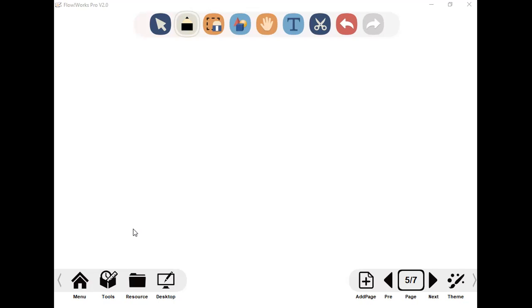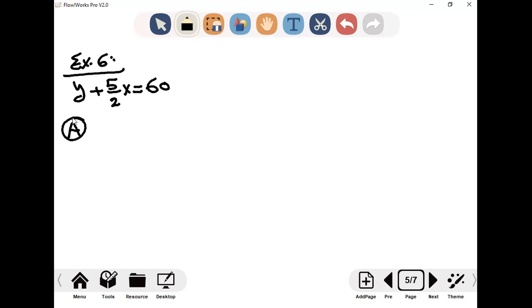So I'm in example 6. Say what the function is. Omar, say it. Y equal negative 5 over 2 x plus 6. Now in part A, they want us to find the x-intercept and the y-intercept and to know their meaning, right?